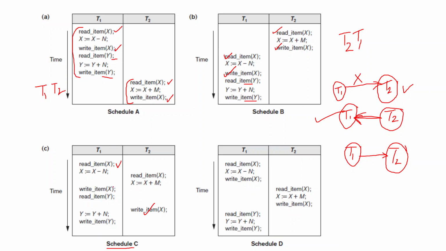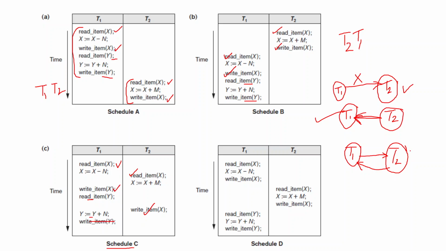Now we will come to this write item. So we know here a read item is there here and a write item is there here. So we have to draw in the reverse direction, right? And corresponding to Y, there are no conflicting operations in T2, so that is okay.